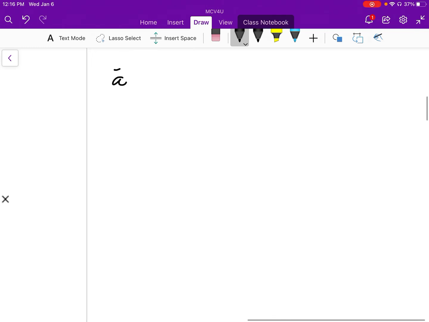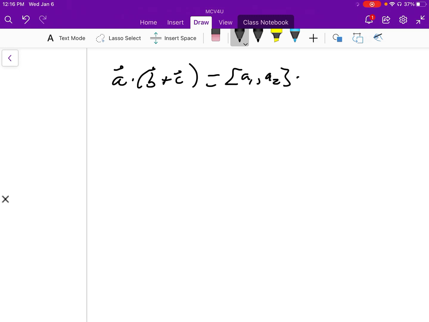So we have A dot (B plus C), specifically using the algebraic vectors: (A1, A2) dot (B1 plus C1, B2 plus C2). Notice I just added the 2 vectors B and C together.